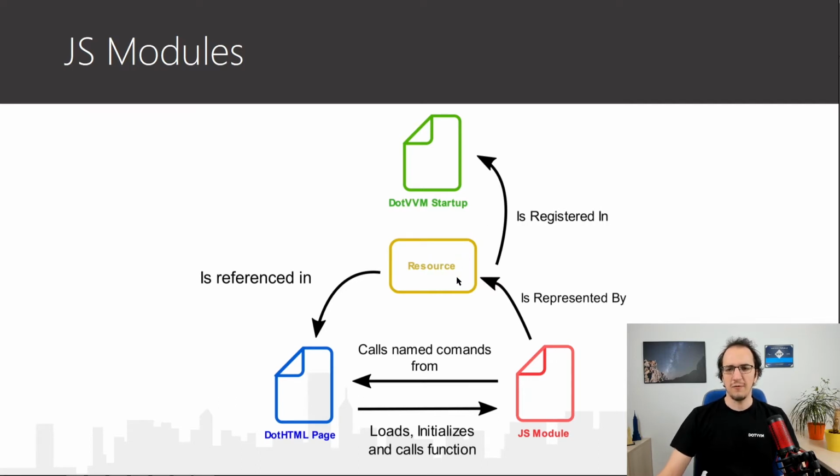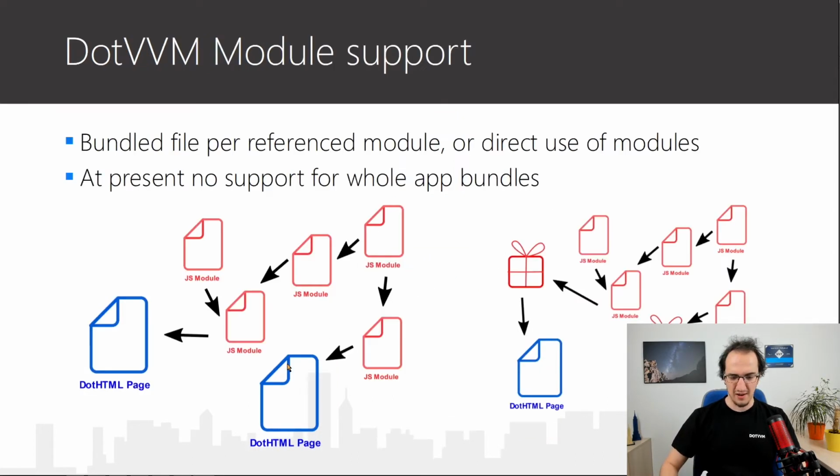Once it is registered, we can reference it in the .html file, that means a control or a view, and then it is loaded and we can use it. So there are two systems.